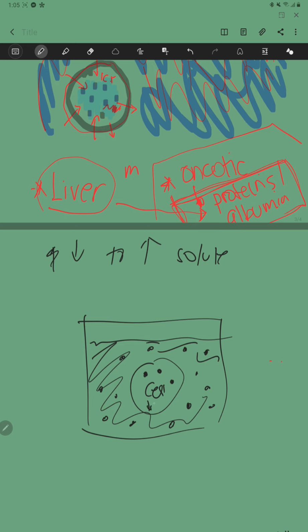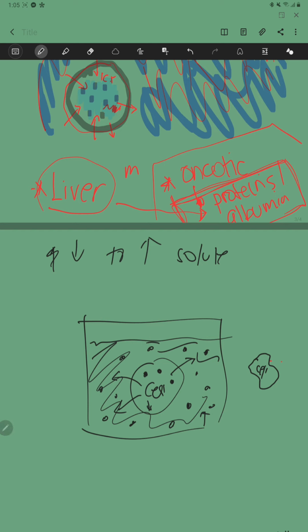Since ito yung low concentration, ito yung high concentration, movement will be from the cell to outside, from intracellular to extracellular. So, anong mangyayari? Liliit si cell kasi nabawasan siya ng fluid kasi konti ang solute concentration niya.